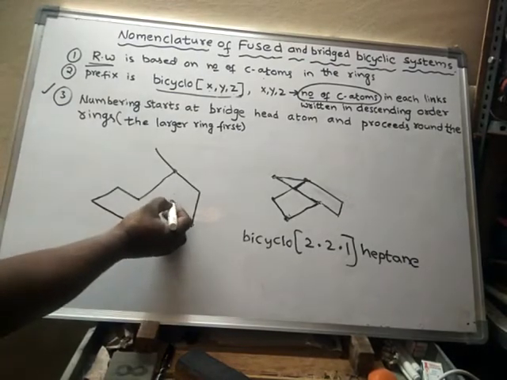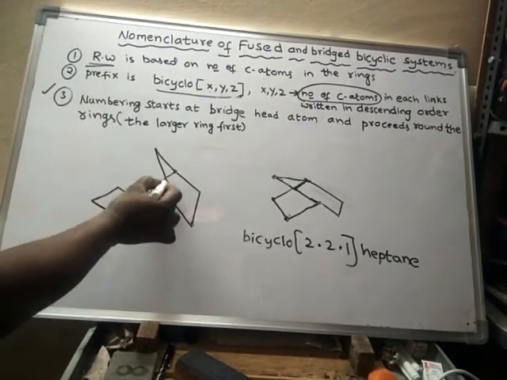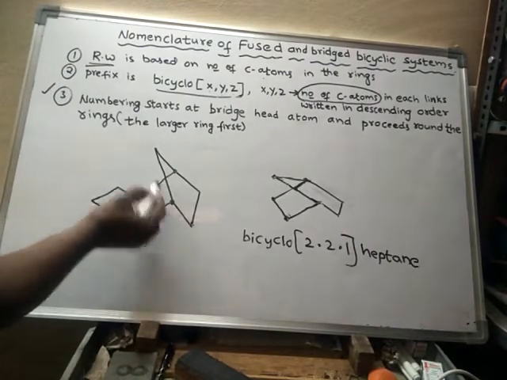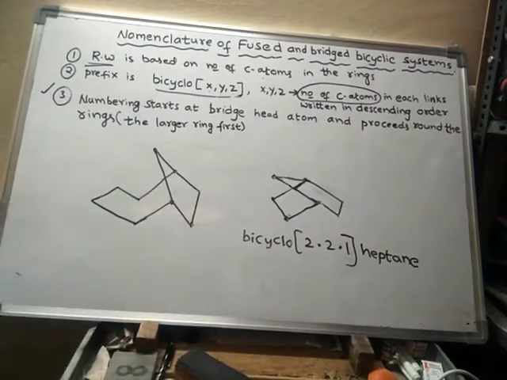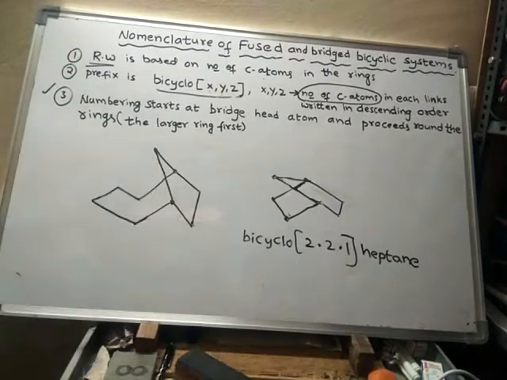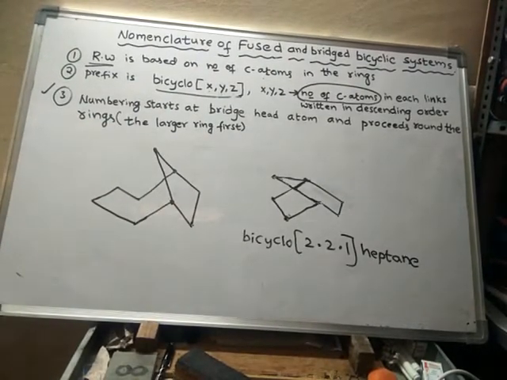These two bridgehead carbons are linked in this way. This is another link. So what is the name of this compound?